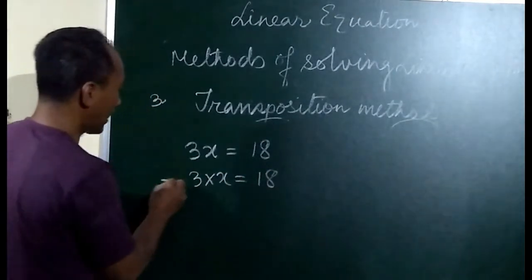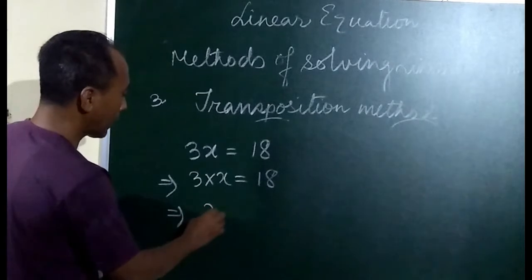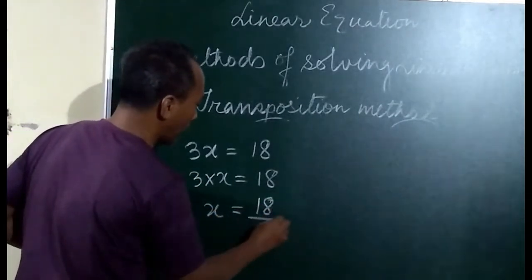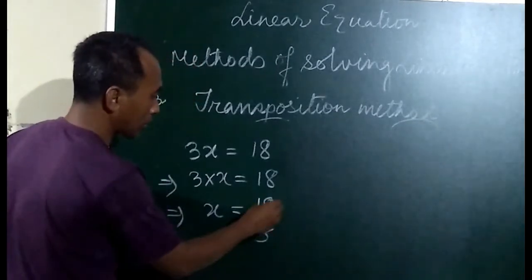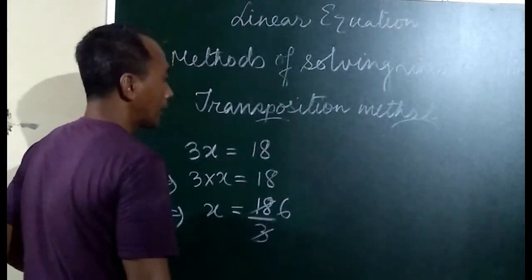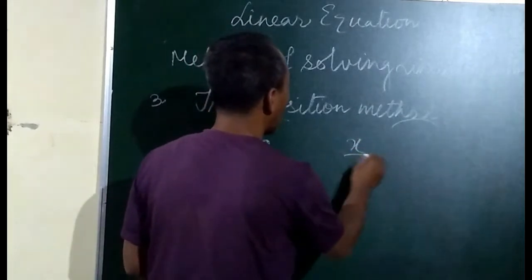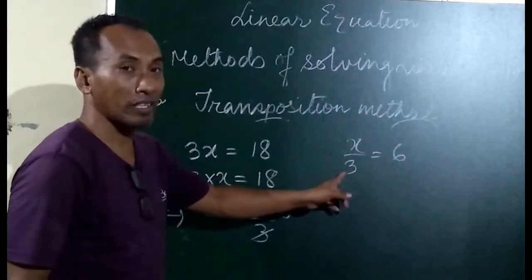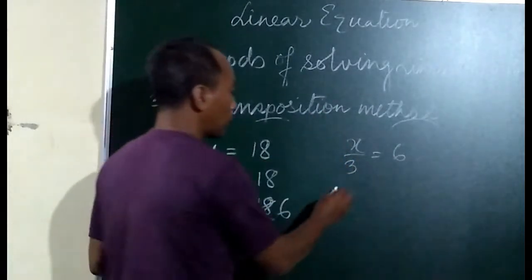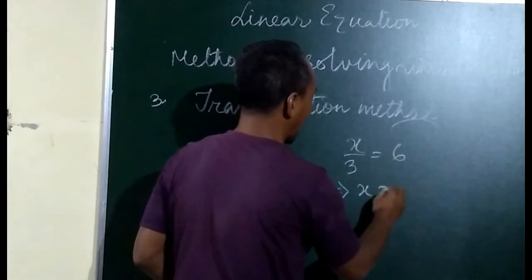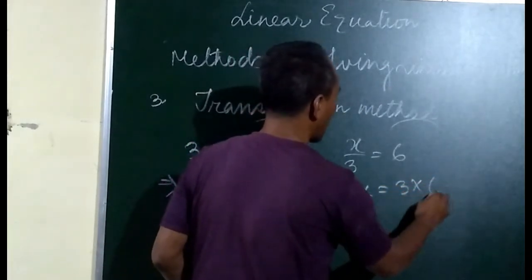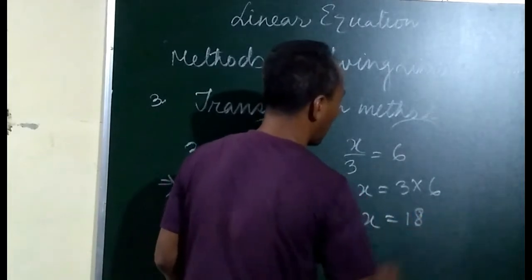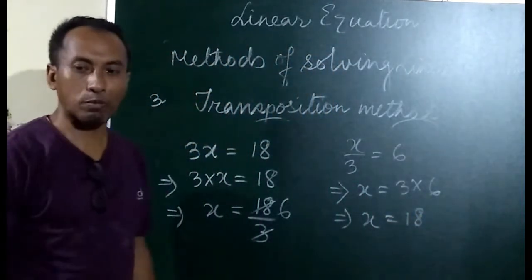So if you keep the variable and take the constant term to the other side, it will change into divide. So 3 sixes are 18. In another, x by 3 equals 6, here it is in the form of division. If you take it to the other side, it will change into multiply. So this method is called the transposition method. What is this method called? This method is called the transposition method.